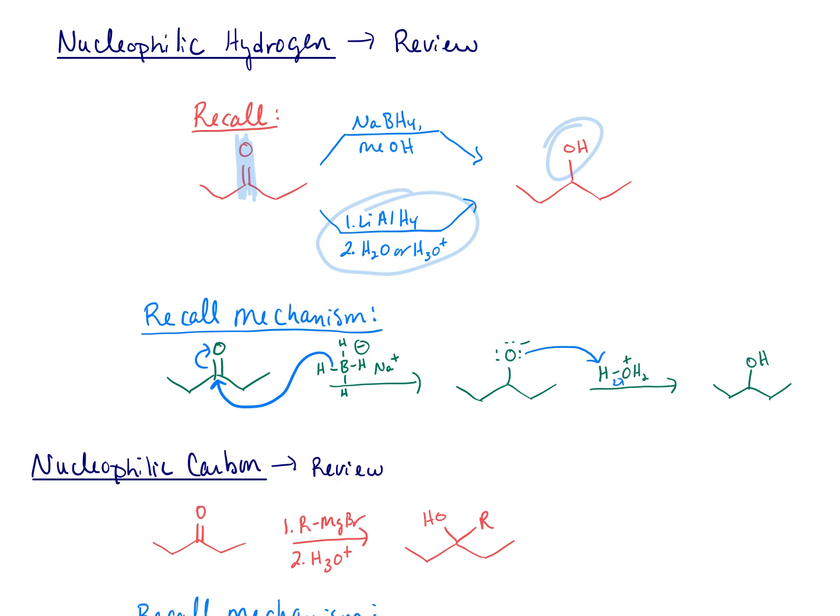And the mechanism, just to remind you, we take that hydride, the hydrogen from the hydride, will go and attack right at the carbonyl. Electrons go up to the oxygen here, and then the negative charge from the oxygen just goes and grabs the hydrogen from either acid or methanol, depending on what you have here. So I probably should have used methanol here, my apologies.